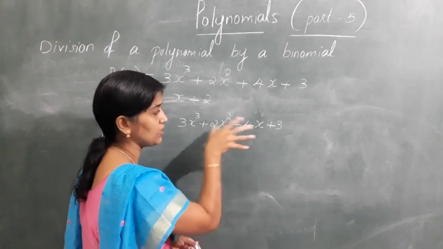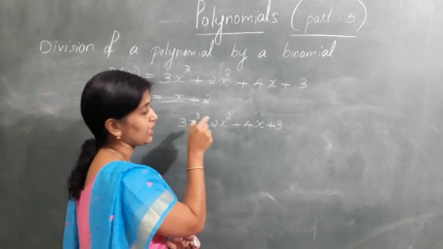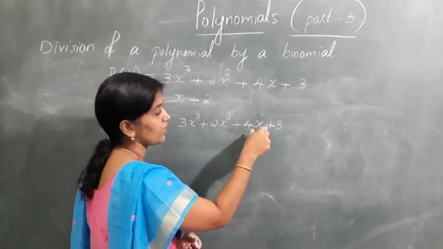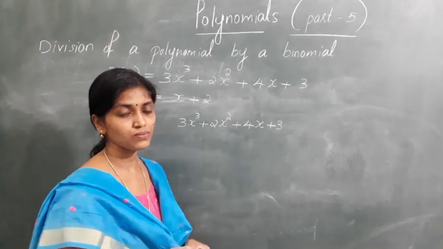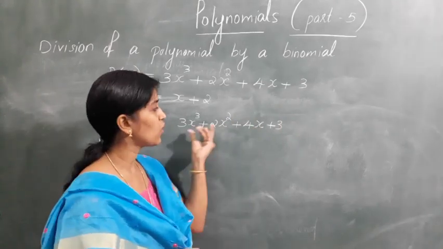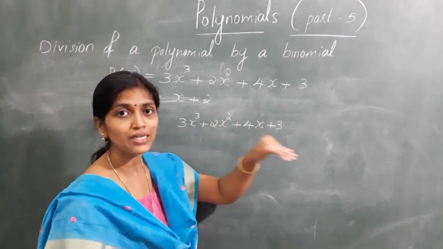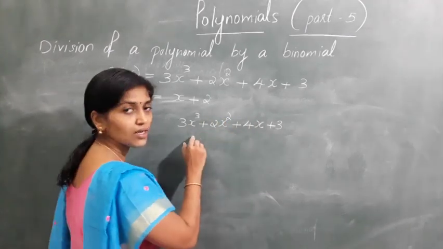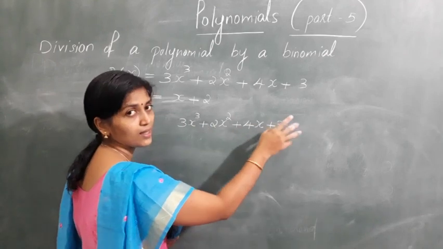Here we have all terms in the decreasing order, that is the cube term first, next the square term, then the x term, then the constant. Okay, so this is how we write in the standard form, writing in the decreasing order of the degree. Here degree is 3, next term must be less than 3, that is 2, then 1, then the constant.